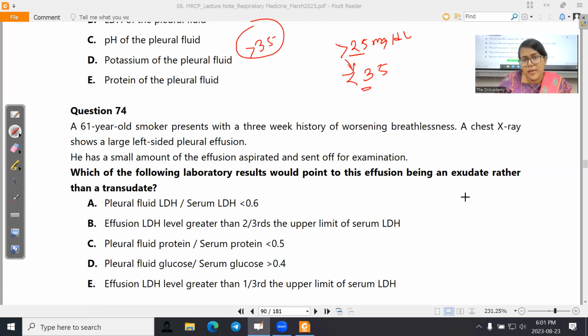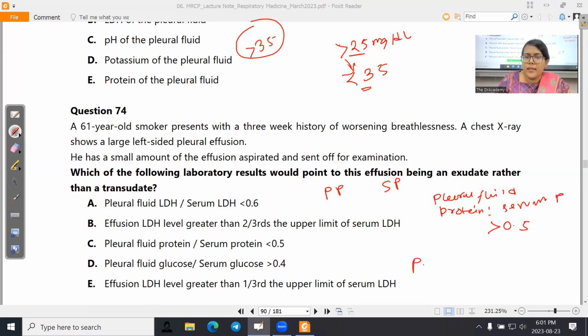So Light's criteria is based on 3 criteria. One is pleural fluid protein versus serum protein. I will just write pleural protein like this and serum protein like this, okay? So pleural to serum protein ratio more than 0.5.